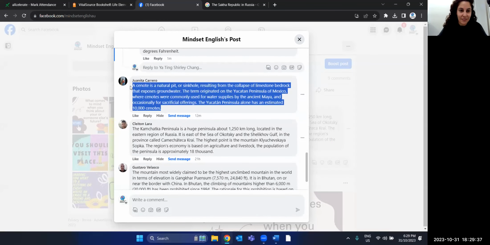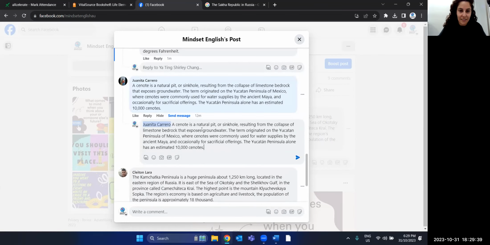Juanita. So the cenote is a natural pit or sinkhole resulting from the collapse of the limestone bedrock that exposes underground water.